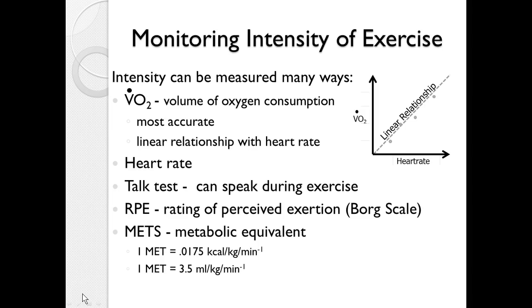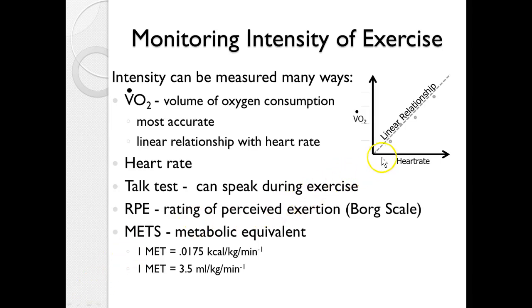This is also, however, the more difficult because it requires more extensive equipment and more training. And most health clubs don't have that type of equipment. But because there is a linear relationship between heart rate and VO2, we can use heart rate to assess intensity.